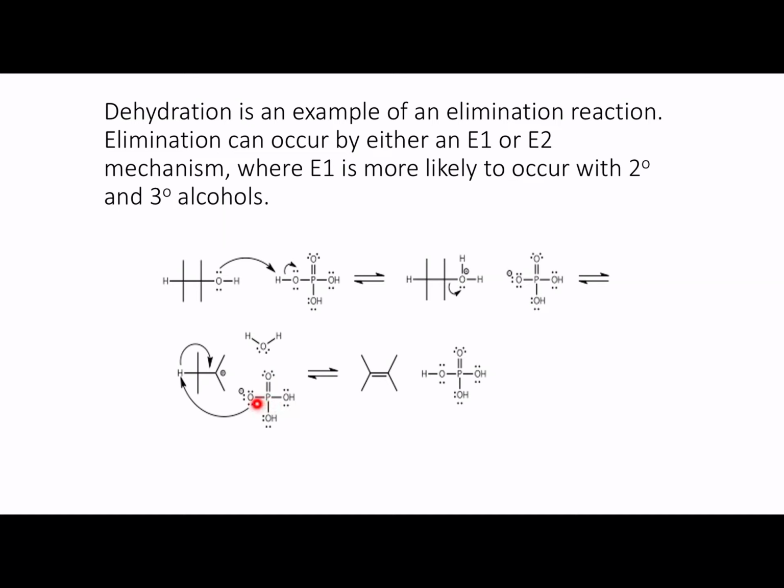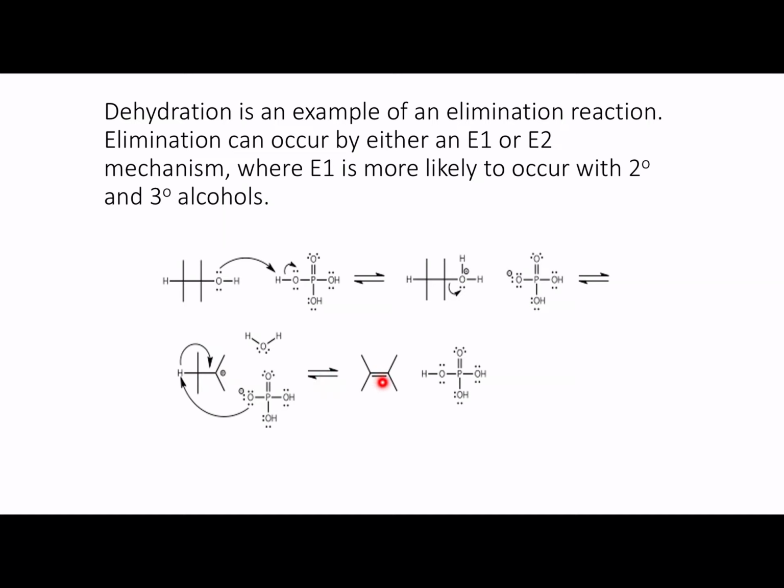The conjugate base of the phosphoric acid is going to grab a hydrogen, not any hydrogen on the same carbon as the carbocation, but on the next carbon carrying hydrogen. It takes this hydrogen, and the 2 electrons in the bond between hydrogen and carbon are used to form a pi bond between the 2 carbons.